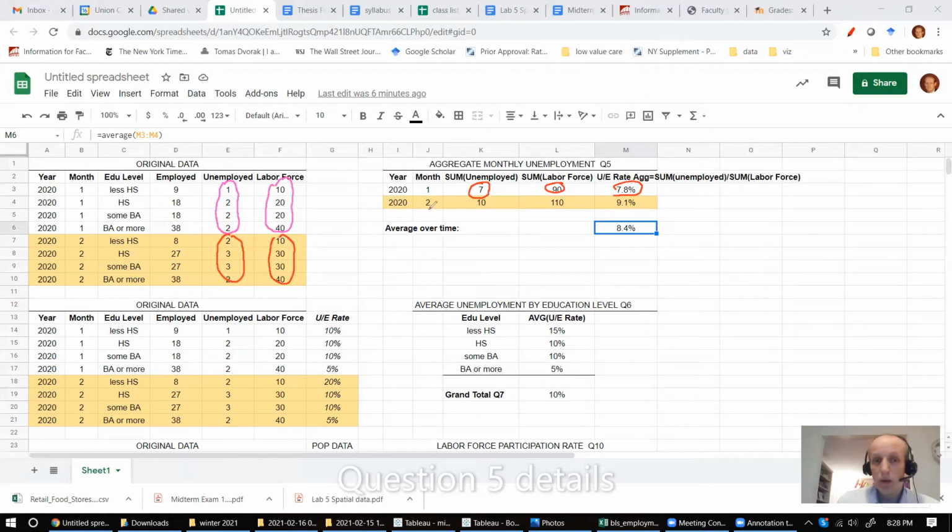Similarly, for February 2020. And I have my 2 unemployment rates. I have 1 unemployment rate for each year and month. If I average those monthly aggregate unemployment rates, I'm going to get one number, 8.4. I believe that in the real data, it's a 5.5.